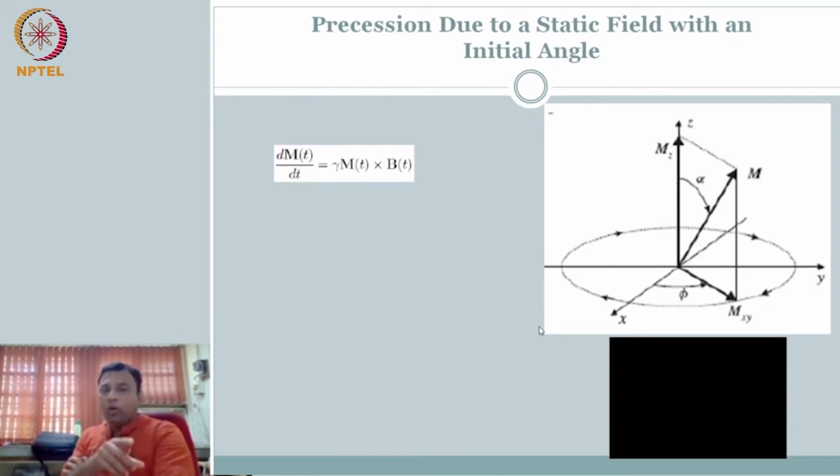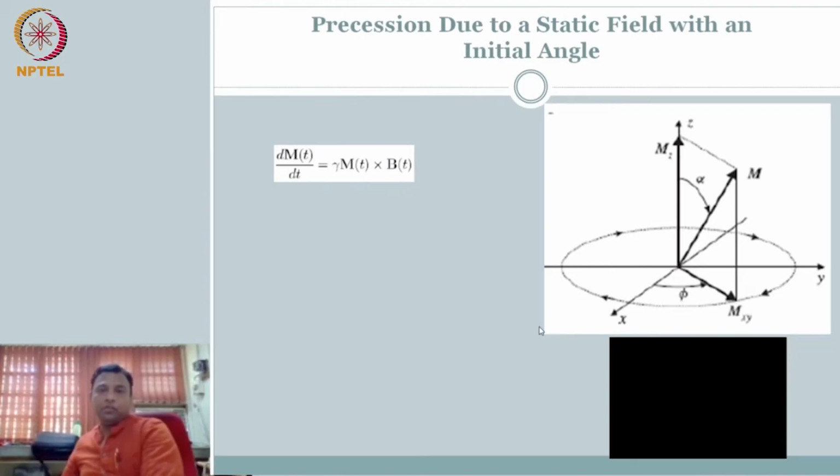What we are talking about is describing this precession due to a static field, right? So we'll now reduce the general equation to the context that we have. We'll say B of t is nothing but, we'll pretend, your static field, and let us say that you are starting at some arbitrary angle alpha.